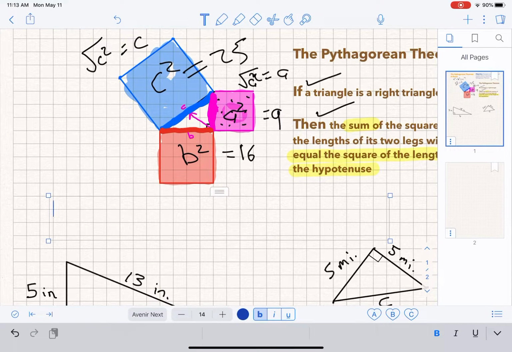triangle. And so what we're going to do here is, I'm going to write out your objective right here.